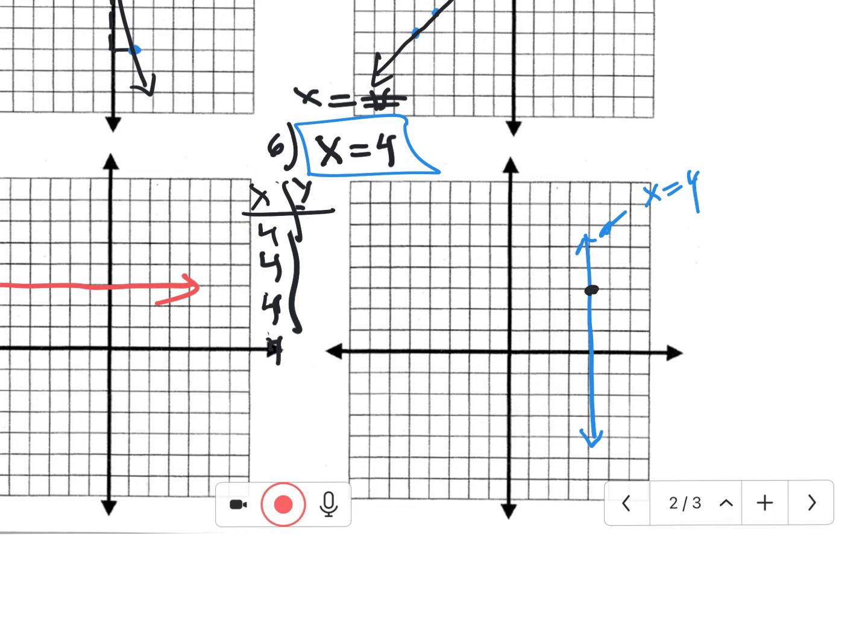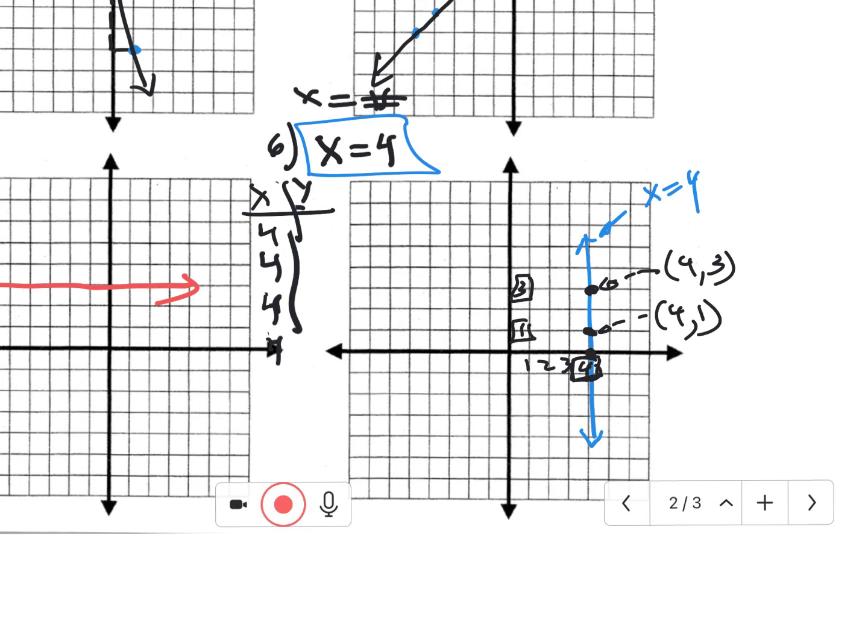Don't believe me? Let's take a look at some of our points. Let's look at this point. Isn't this right? This is 4, 1, 2, 3. This is 4. So isn't this coordinate 4, comma, and then doesn't it have a height, a y value of 3? Let's look at this point. Doesn't this have an x coordinate of 4? And isn't its y value 1?